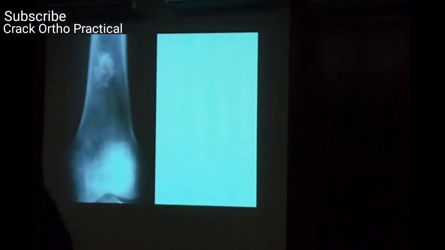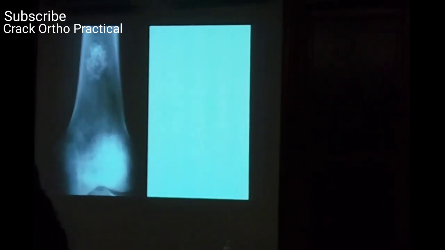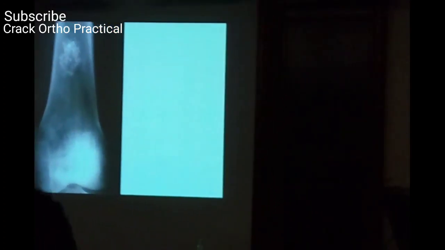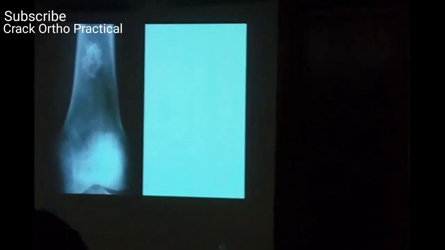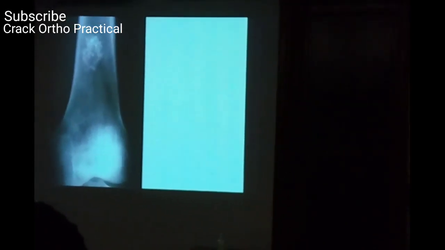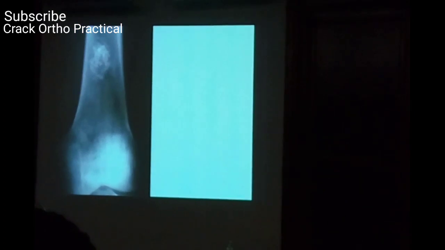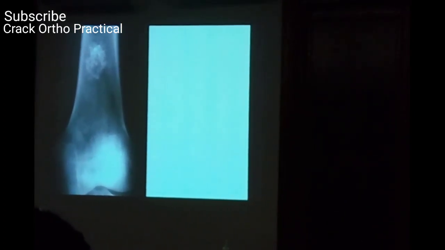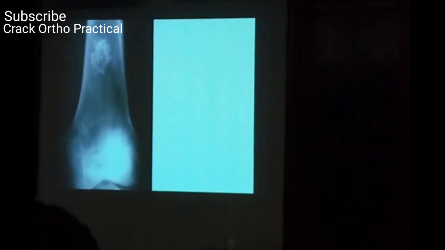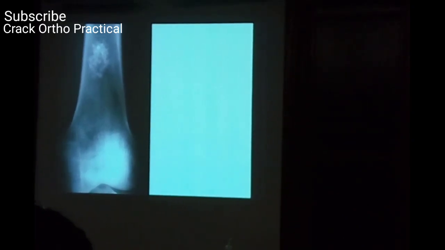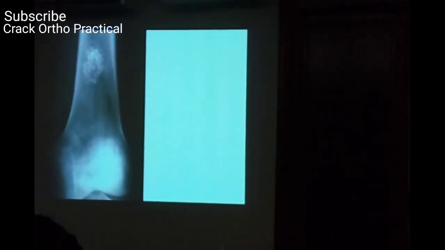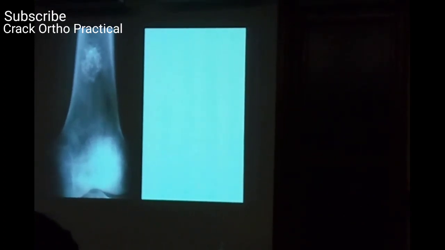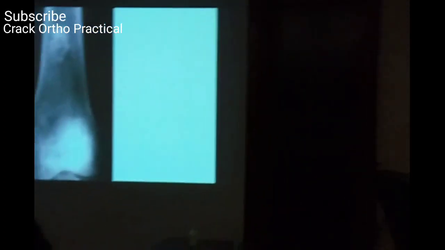A plain X-ray AP view of distal femur of a skeletally mature person. There are multiple punctate calcifications seen in the metaphyseal-diaphyseal junction.